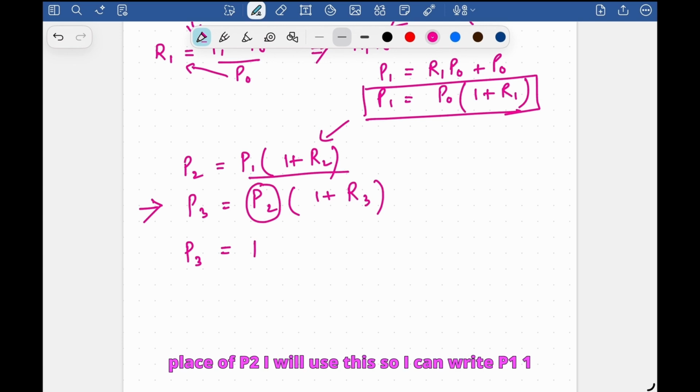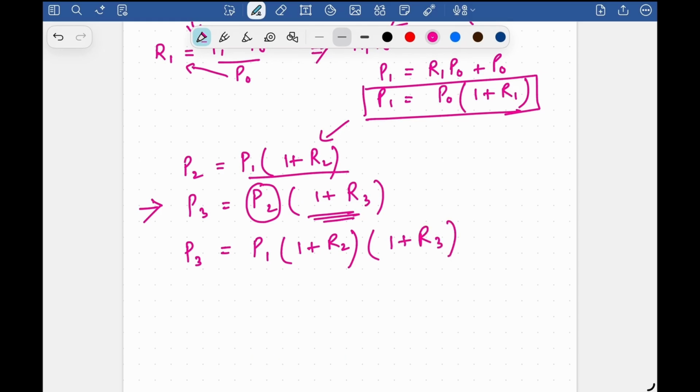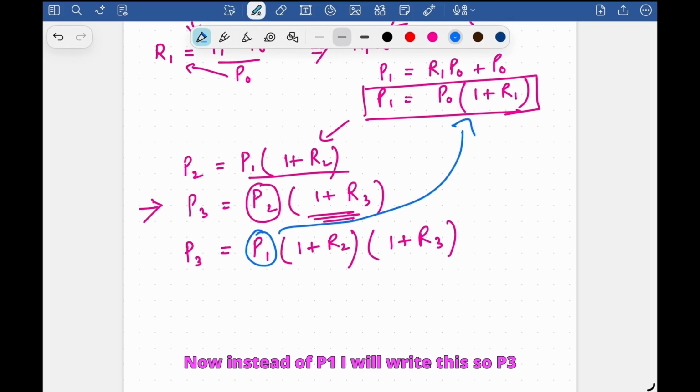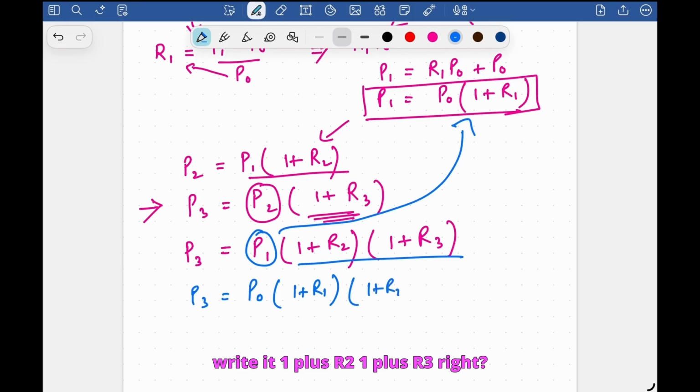So I can write P1 times (1 plus R2), and this was there, so times (1 plus R3), right? Now, instead of P1, I'll write this. So P3 equals P0 times (1 plus R1), remaining, I'll write (1 plus R2)(1 plus R3), right?